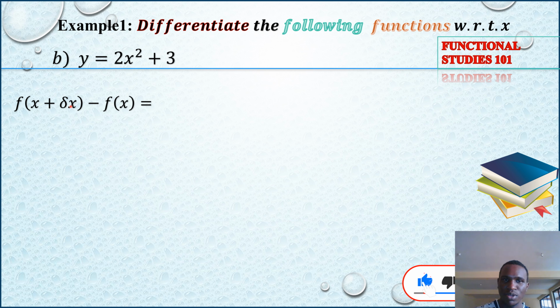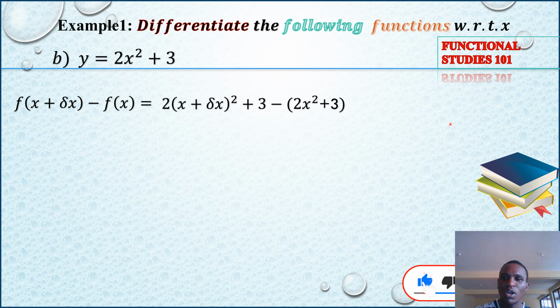That's f of x plus delta x, the function value. So it will be 2 into, remember, we are replacing only where we see x, so it is 2 into x plus delta x, all squared, plus 3. Because 3 is just a constant, we leave it like that. Then minus f of x. f of x is 2x squared plus 3. So we replace it there.